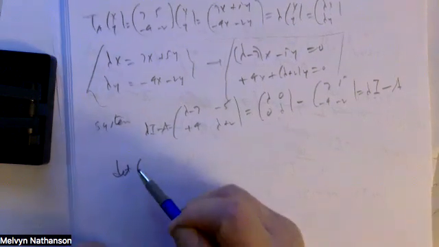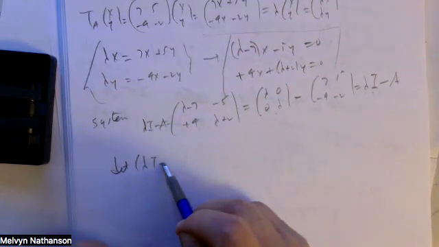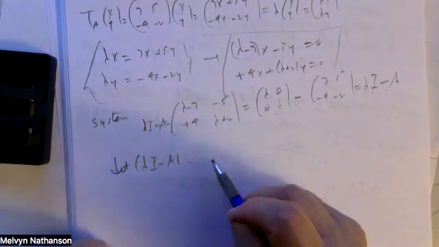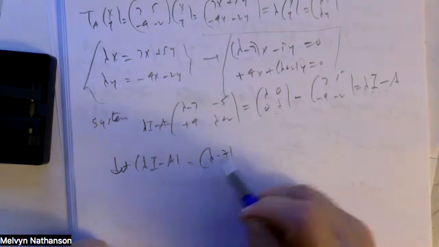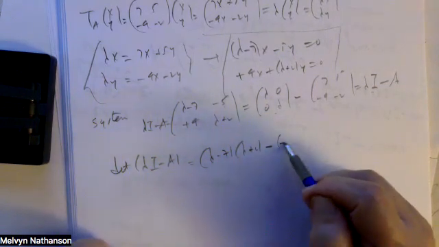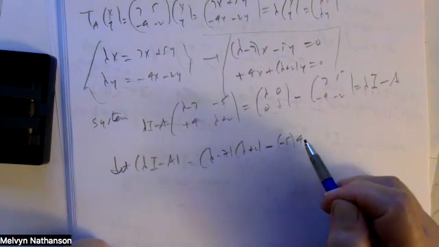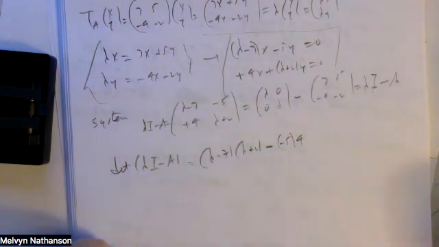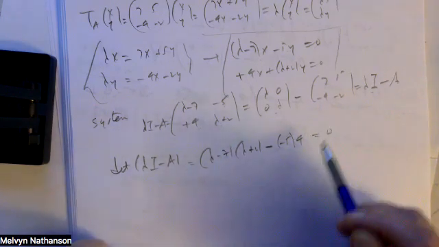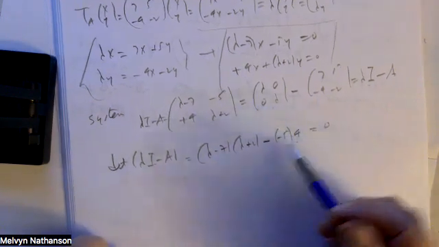The determinant of lambda I minus A is this times this minus this times this. That's lambda minus 7 times lambda plus 2, minus 5 times 4. And I want to know, for what values of lambda is this 0?